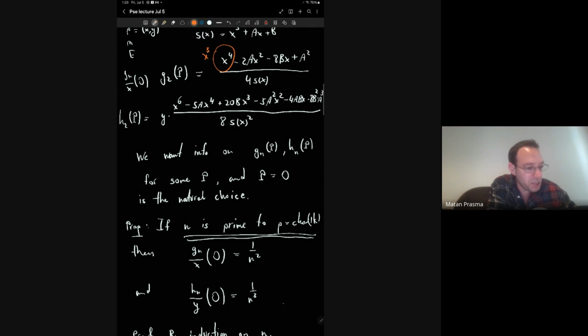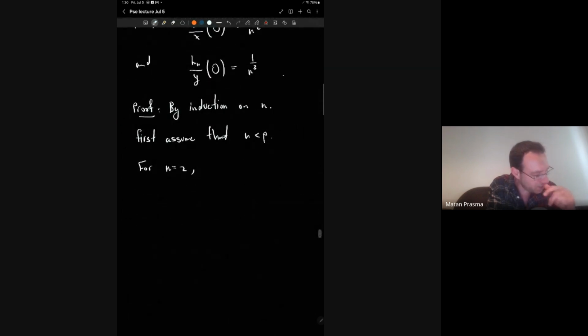And evaluation at O simply means you take the coefficient of the leading monomial divided by the coefficient of the leading monomial in the denominator. In this case, it's 1 over 4, right? So for n equals 2, g2 over x at O is 1 over 4, which is indeed 1 over n squared.